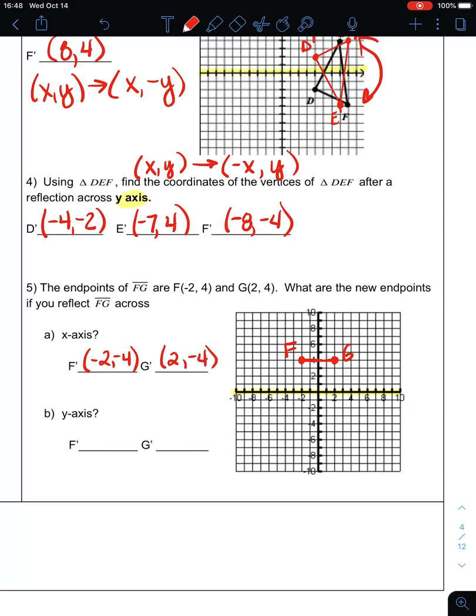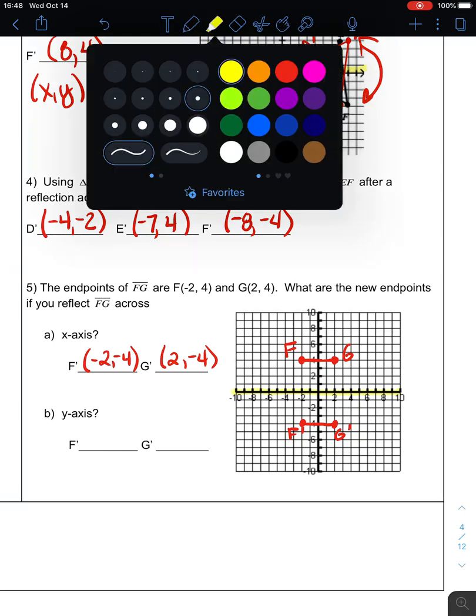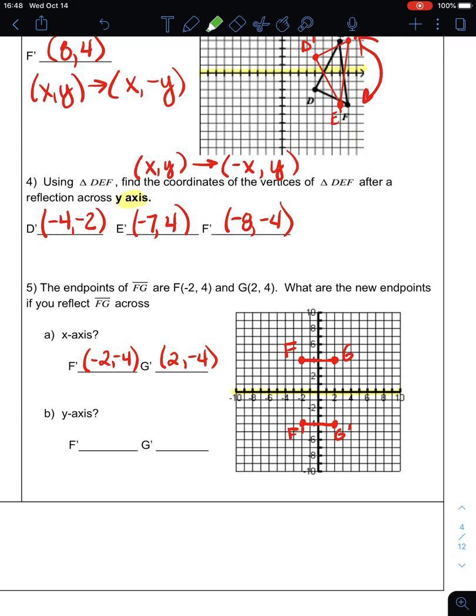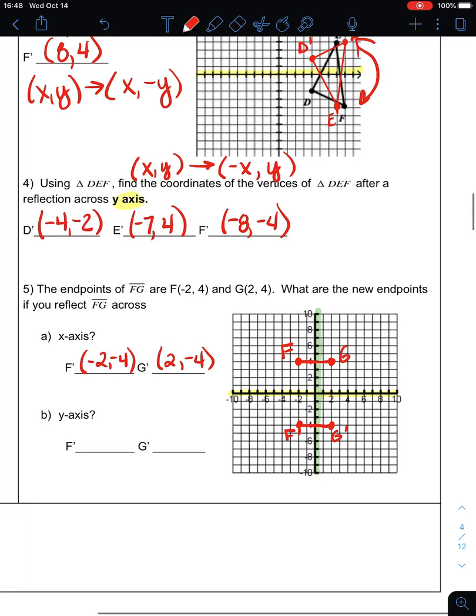So it's going to look like this. It's going to be -2, -4. So that's what it would look like if you reflected it across the x-axis. If you reflect it across the y-axis, the original picture, look what happens. F becomes... so you're going to flip it across the horizontal, so your x values are going to change.